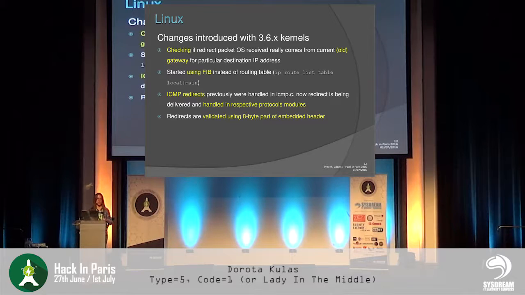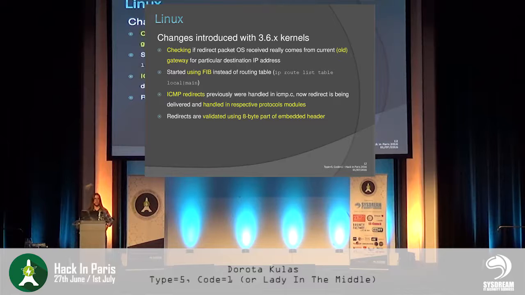So it can't just be any redirect packet. We have to know what the default gateway for that particular destination is. They started using the FIB, the forwarding information base, instead of the routing table.